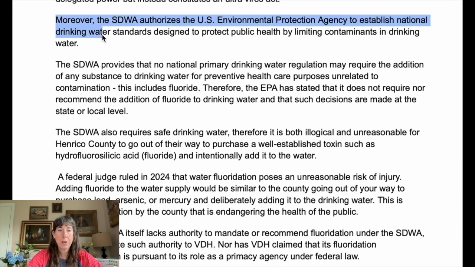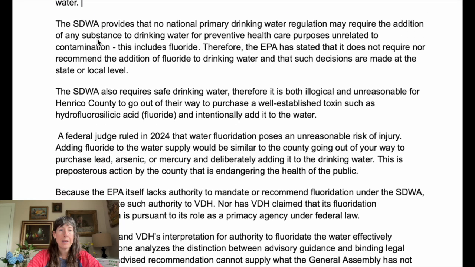Moreover, the Safe Drinking Water Act authorizes the U.S. Environmental Protection Agency to establish national drinking water standards designed to protect public health by limiting contaminants in drinking water. The Safe Drinking Water Act provides that no national primary drinking water regulation may require the addition of any substance to drinking water for preventive healthcare purposes unrelated to contamination.